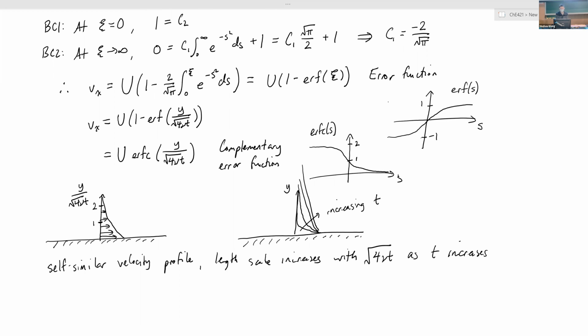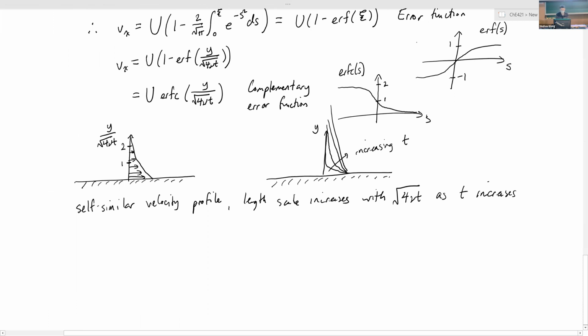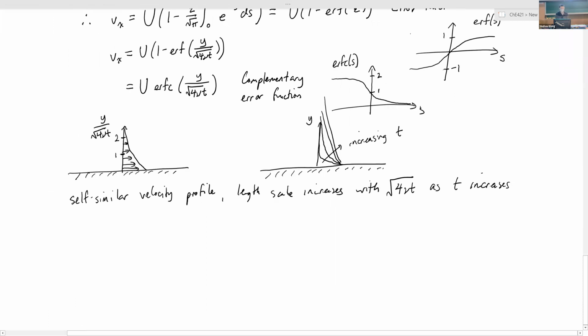And that's generally what the actual solution of these sorts of problems looks like. That's sort of the major advance of Stokes' first problem, basically. Solving a partial differential equation and then getting a result where basically the velocity profile doesn't change really. It's just that if I were to rescale my system, if I were to zoom in or out, that's the same thing as if my time increases, basically.